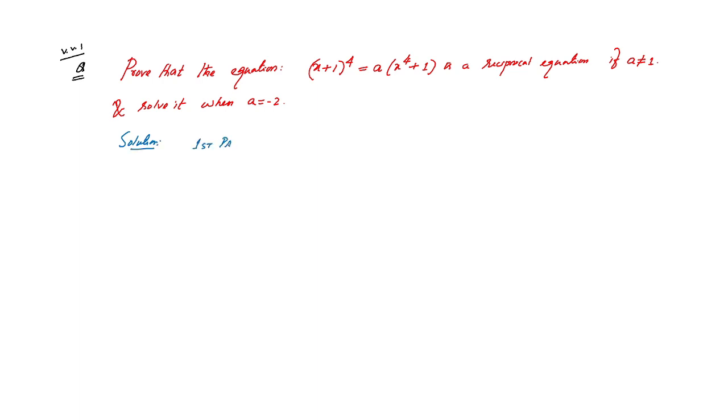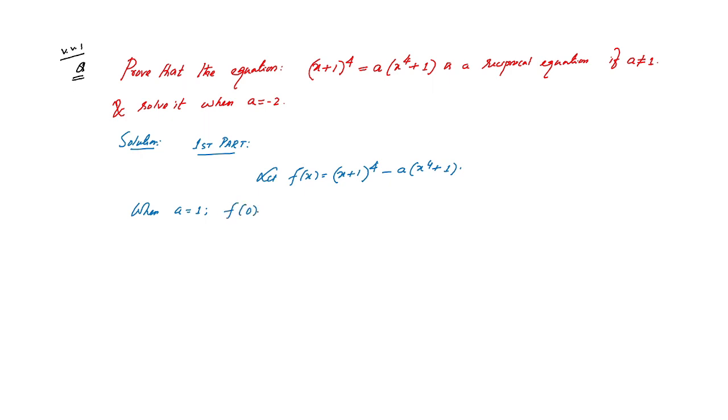So the first part of the solution is: what is your f(x)? Your f(x) is (x plus 1) to the power 4 minus a times (x to the power 4 plus 1). This is our f(x). Now, the case is when a equals 1.